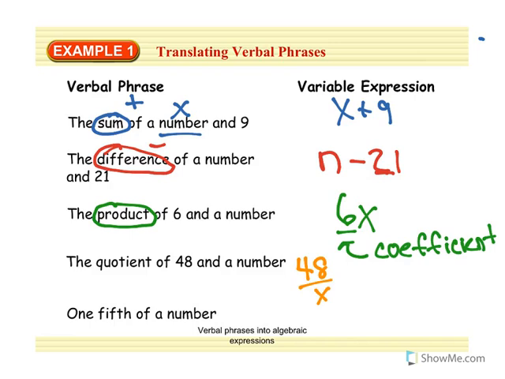So 1/5 of a number. We can do this in a lot of different ways. The most basic way is I can say 1/5 x. Now what are we doing if we're multiplying by 1/5? Well, we're multiplying by 1 and we're dividing by 5, which is the same as just dividing by 5. If I think about 1/5 of 100, 1/5 of 100 is 20 because it's 100 divided by 5.